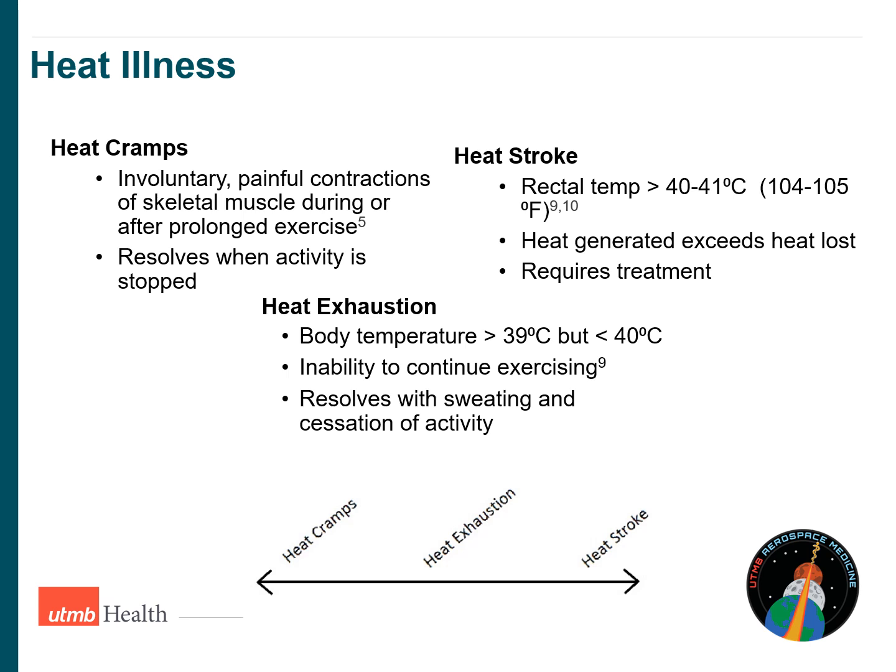It can be overcome by the body's countermeasures as long as activity is stopped and the patient is able to retreat to a cool environment. Heat stroke is the most severe manifestation. Rectal temperature greater than 40 degrees Celsius and altered mental status are diagnostic. It's critical that the temperature be rapidly lowered, as heat stroke will not resolve without treatment and can be life-threatening.